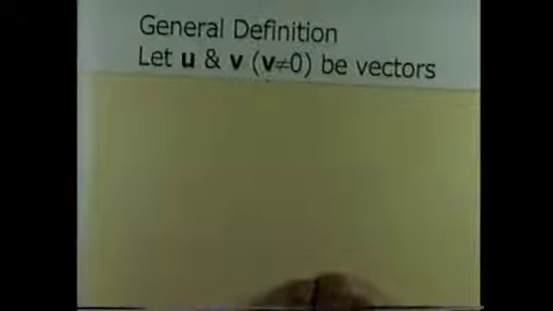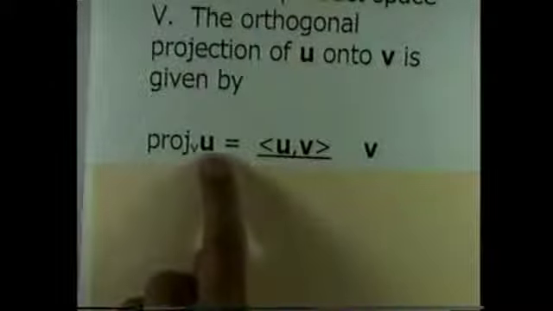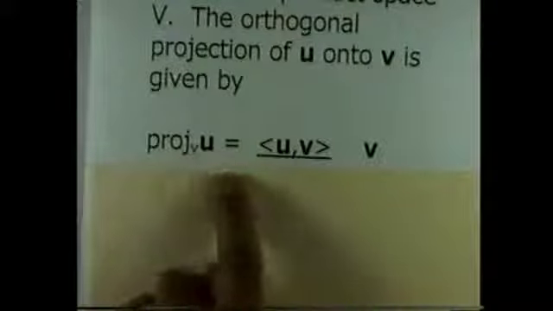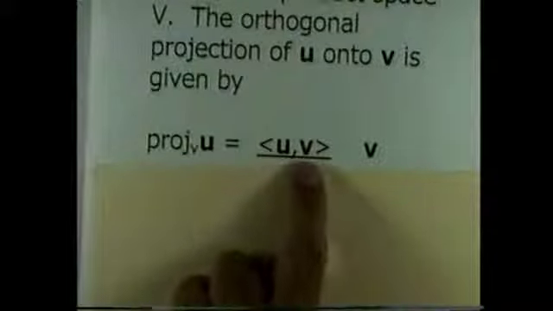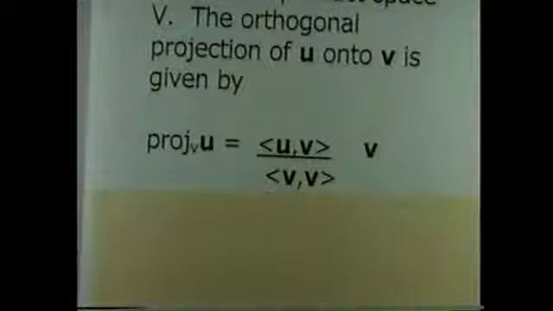Let U and V, V not equal to 0, be vectors in an inner product space V. The orthogonal projection of U onto V is given by this symbol: the projection of U onto V is equal to the inner product of U, V divided by the inner product of V, V times V. So it's the same definition, except rather than dot product, I'm using inner product.